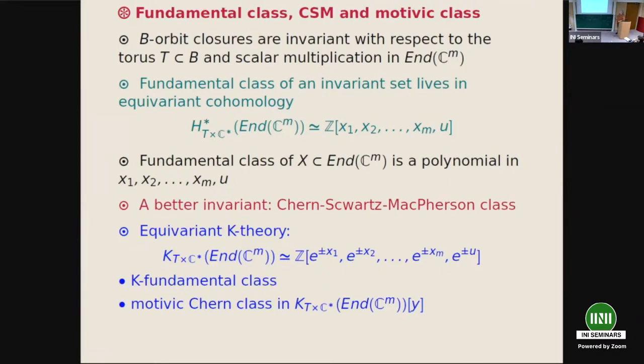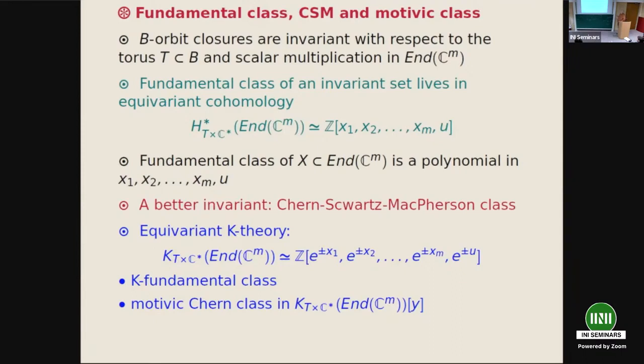This space is contractible, so it could be just a point if you wish. So equivariant variables of the maximal torus plus an extra variable corresponding to the scalar multiplication. So you can say that a characteristic class, for example the fundamental class of such an orbit closure, is a polynomial in these variables.